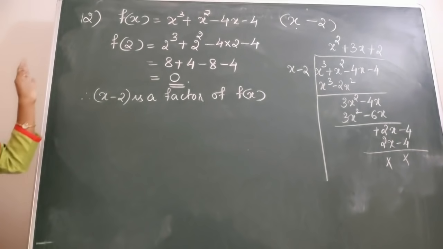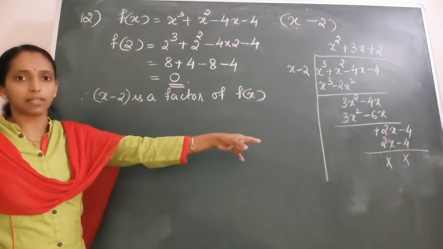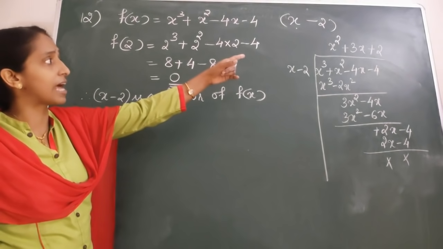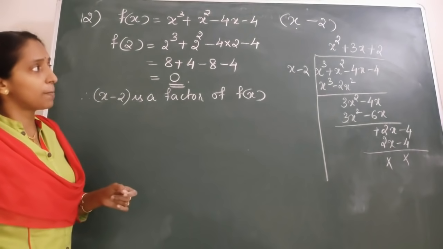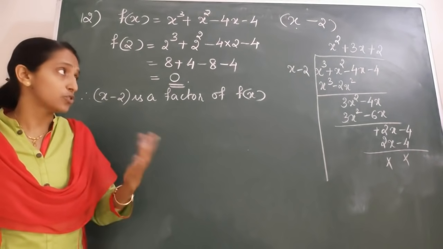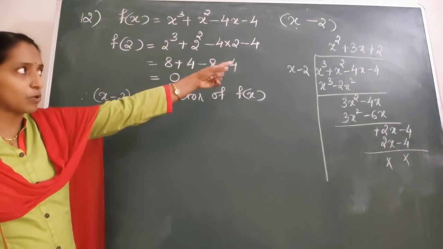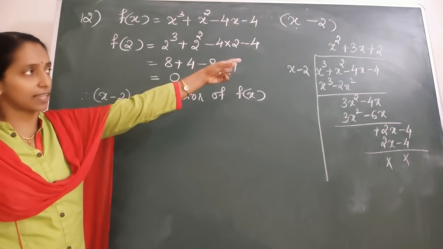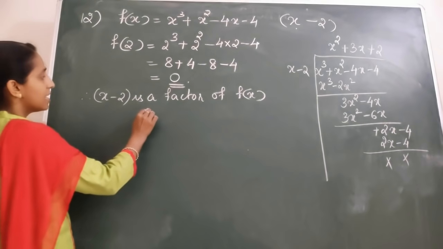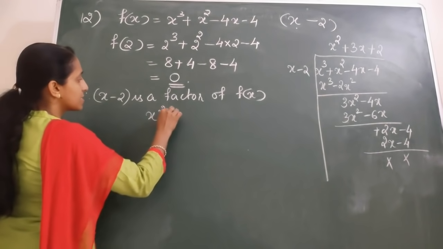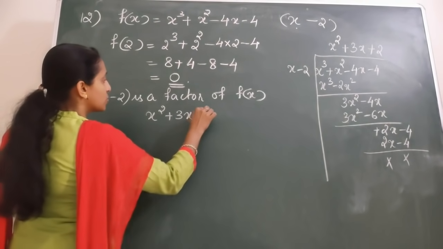So did you see, after division we got the remainder 0 and we are having a quotient. What is the quotient? x square plus 3x plus 2. So that is a quadratic expression.